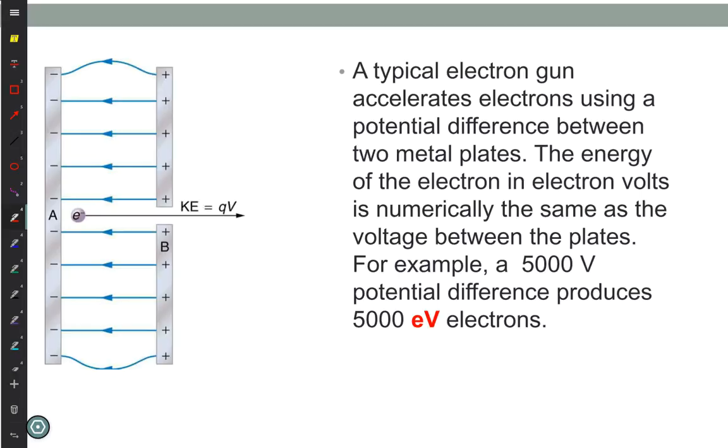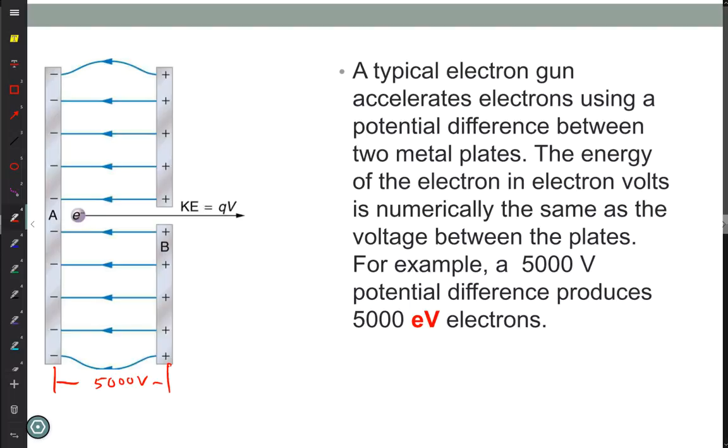Yeah, 5,000 electron volts is the work that will be done because it'll be the charge times the voltage difference. And that work is converted into kinetic energy. So how much kinetic energy will it have? 5,000 electron volts. So if you know that it's 5,000 volts from here to here, then you know that the kinetic energy will be increased by 5,000 electron volts.